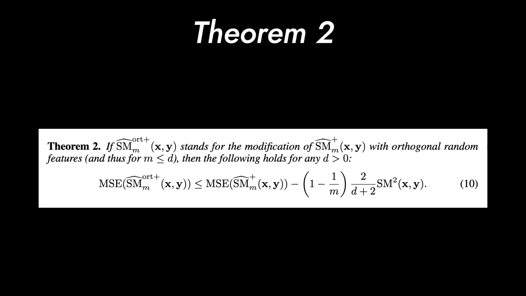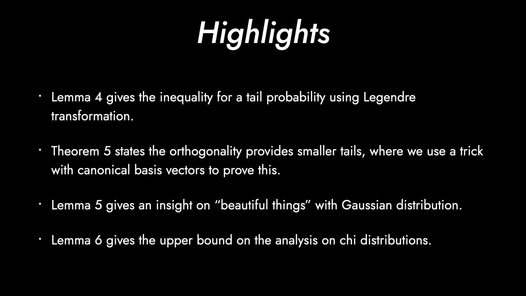Finally, we have Theorem 2. We prove that the orthogonal samples improve the MSE where the margin is a function of m, d, and the squared result of x and y. Here are the highlights in the proof of part 2.